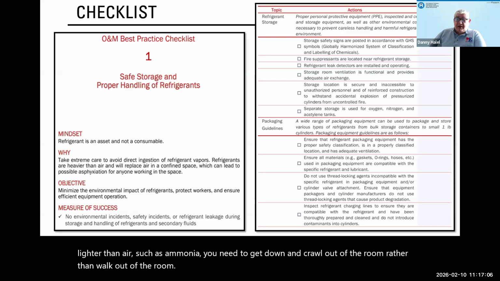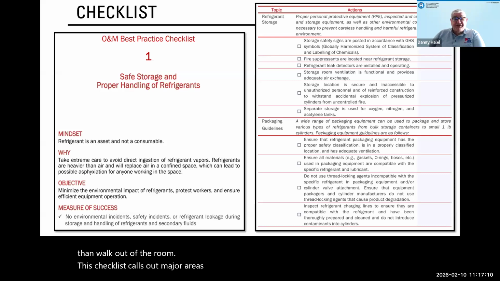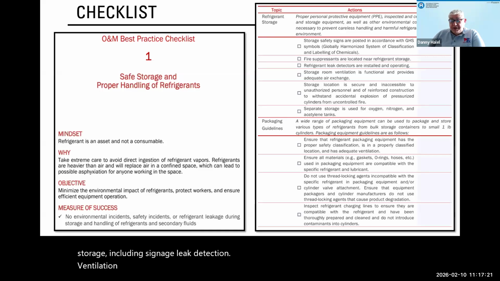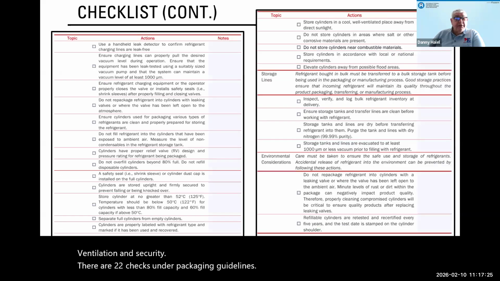This checklist calls out major areas of concern. They include 6 checks under refrigerant storage, including signage, leak detection, ventilation, and security. There are 22 checks under packaging guidelines.